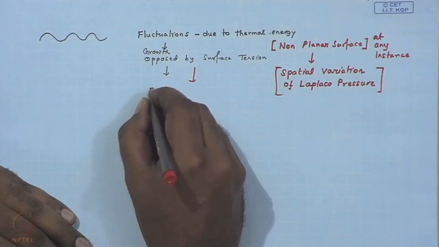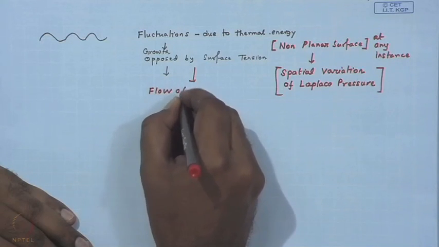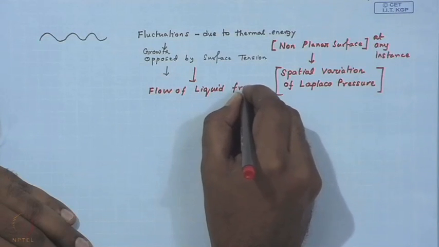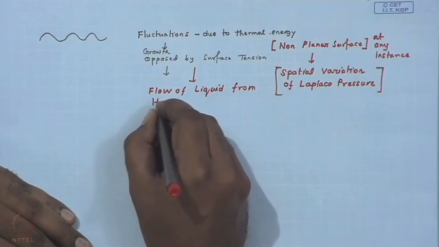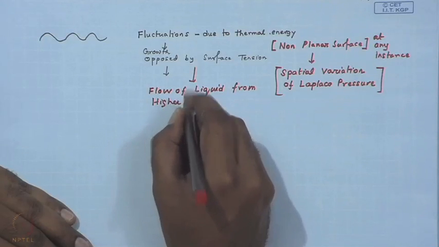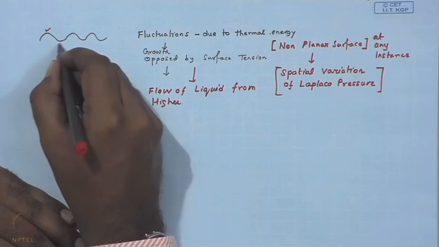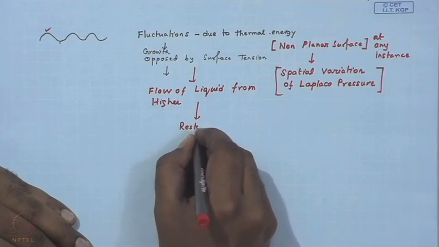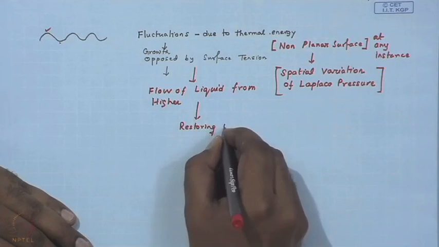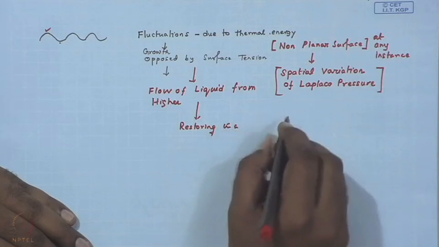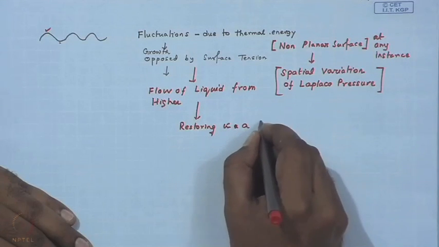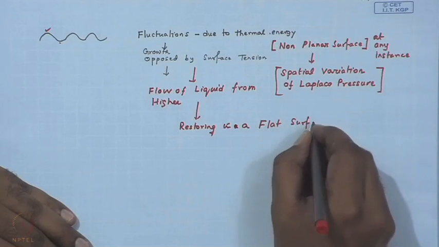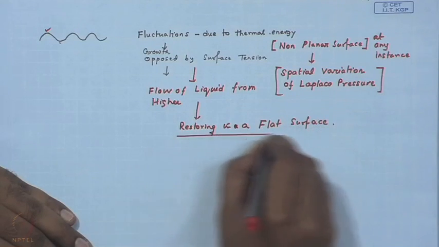So, this triggers flow of liquid from higher pressure zones to these areas, resulting in restoring a flat surface. Okay.